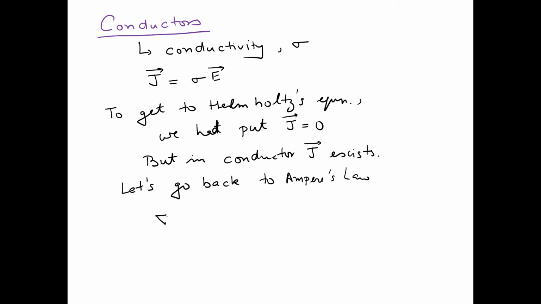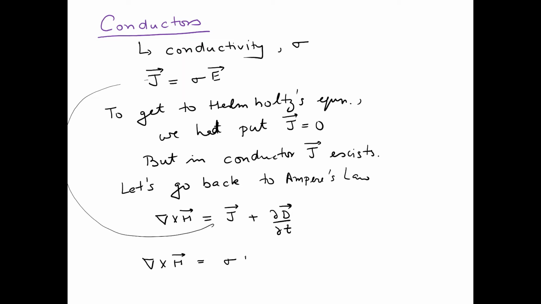And Ampere's law says del cross H is J plus del D by del t. Let's substitute Ohm's law in there. And we get del cross H is sigma E plus epsilon del E by del t.